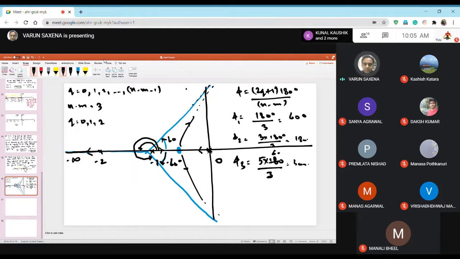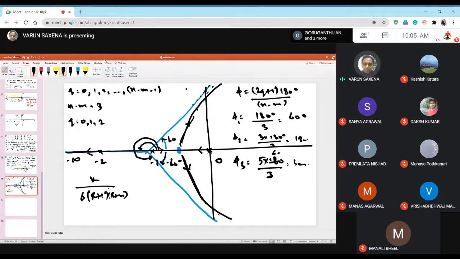Now you can see what will happen is that these two branches are going to start. There will be a breakaway point here, and then the curve will shoot up and it will go like this. So basically your root locus will look like this for this kind of a transfer function. This would be basically some k over s into (s plus 1) into (s plus 2).